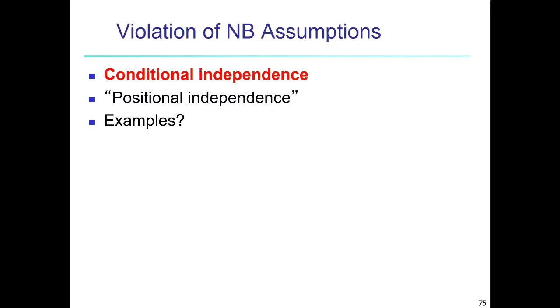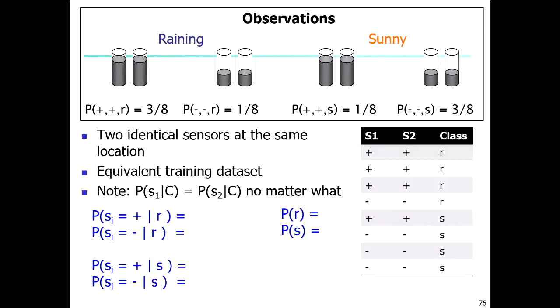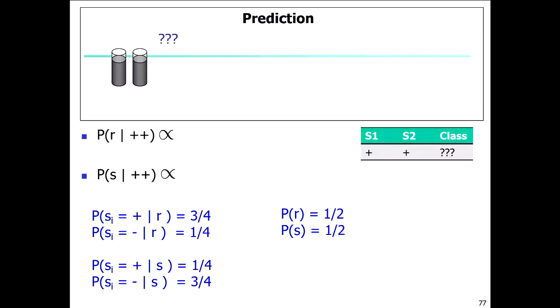Let's give a general example. Say we have two identical sensors at the same location, then they would always give the same results. So S1 and S2 are two identical sensors. Now we want to compute the probability of S1 given C and S2 given C, but they should always be the same.